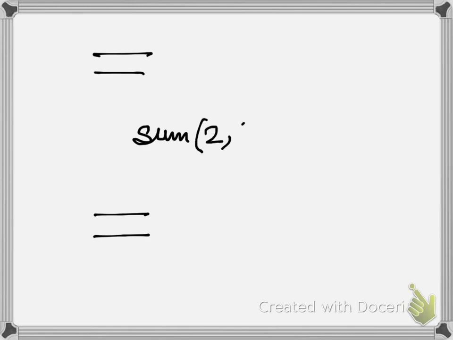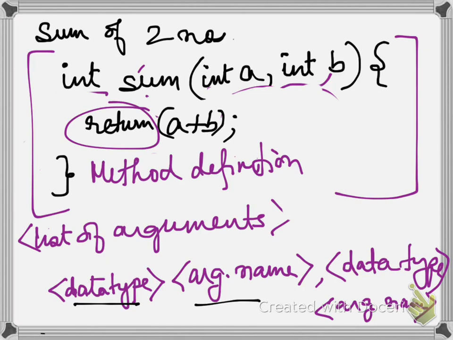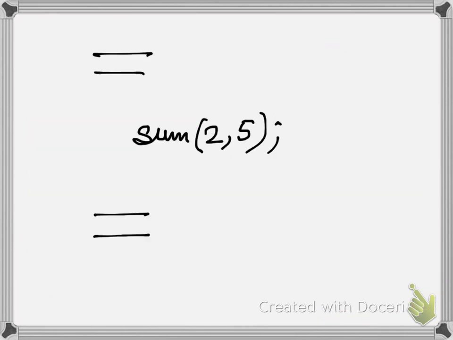To call the method, at some other place, in some other block of code, I have to call the method like this: sum, and suppose I give 2 and 5. These are the inputs to my method. So A gets the value 2, B gets the value 5.